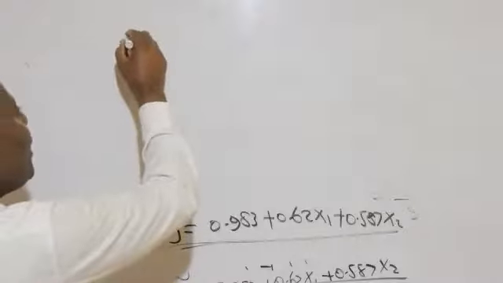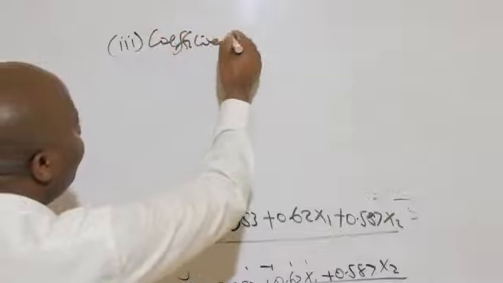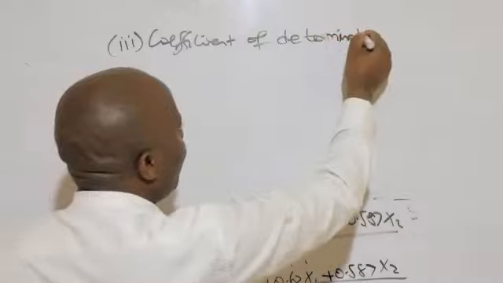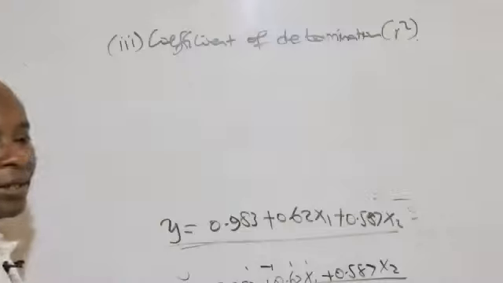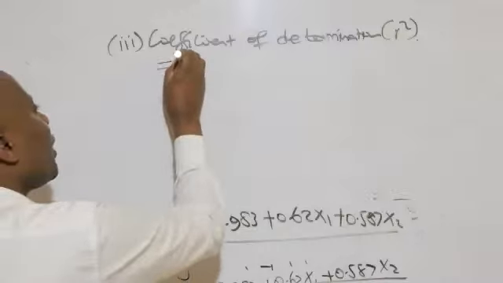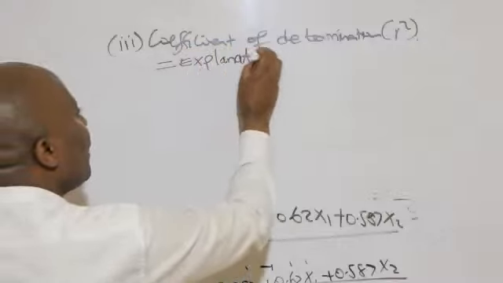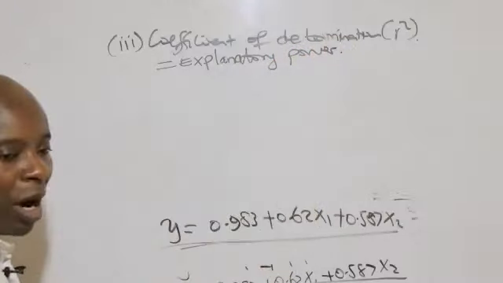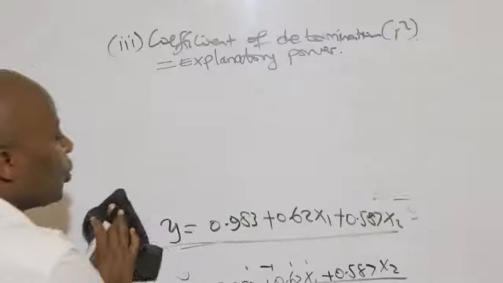So they want us to give them the coefficient of determination, R squared. This is what gives us the explanatory power.